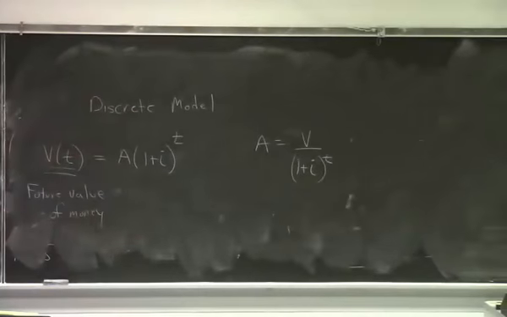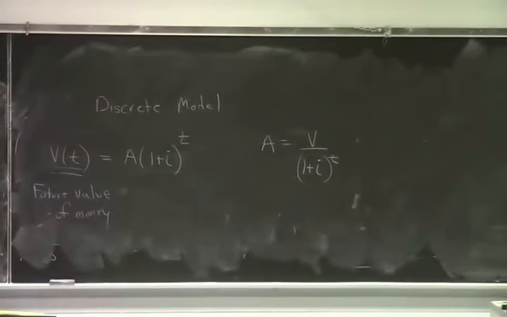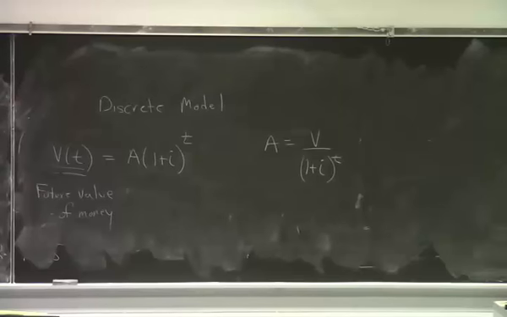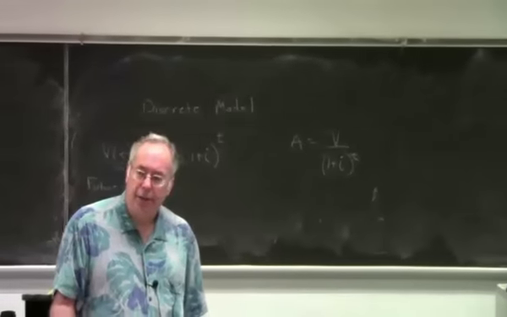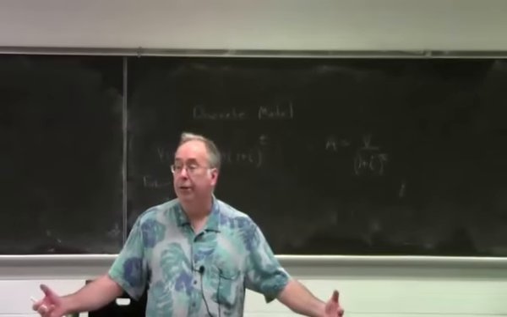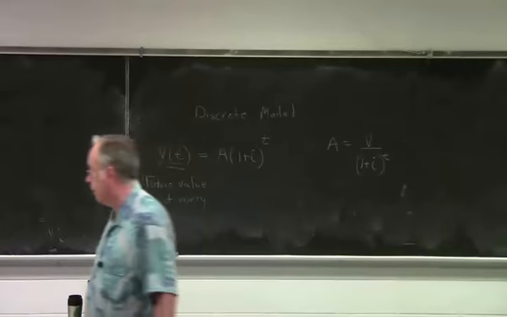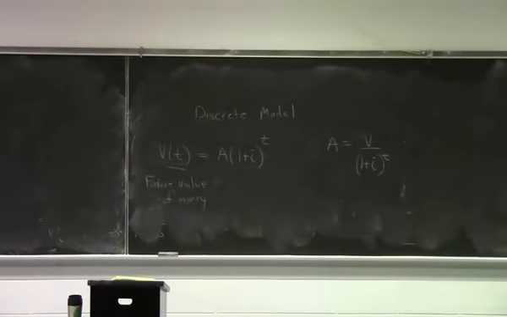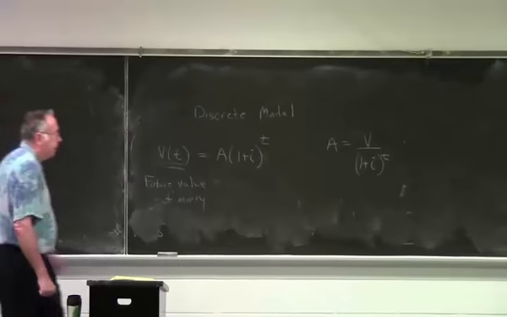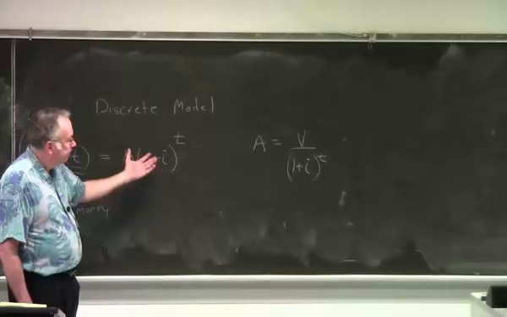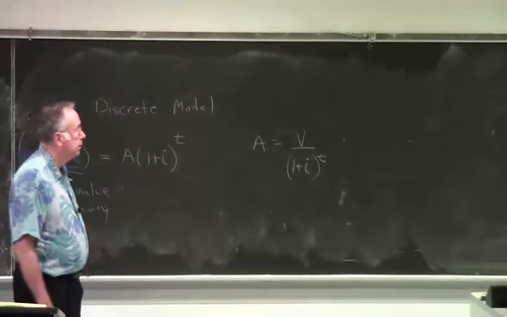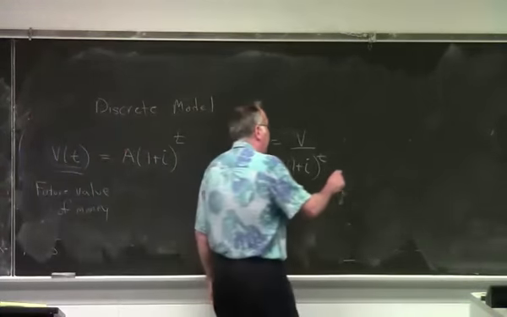For example, suppose you have a 0 coupon bond. A 0 coupon bond doesn't pay you any interest. This bond matures in 20 years, and suppose at the end of 20 years it pays you $2,000.